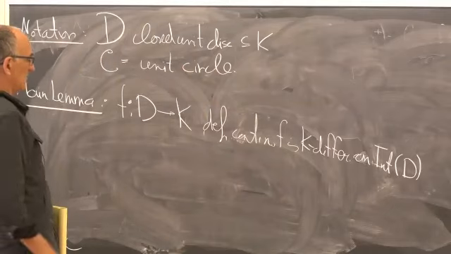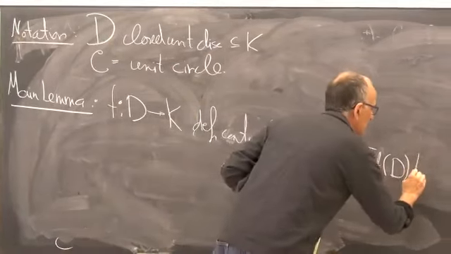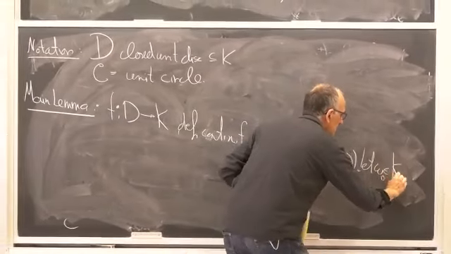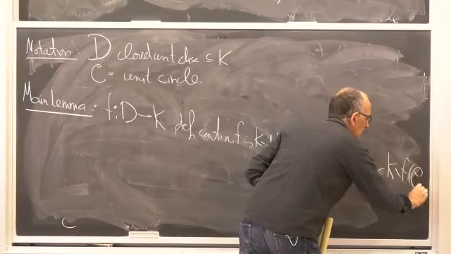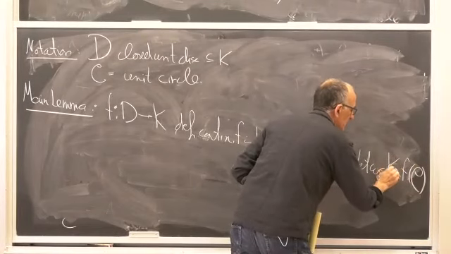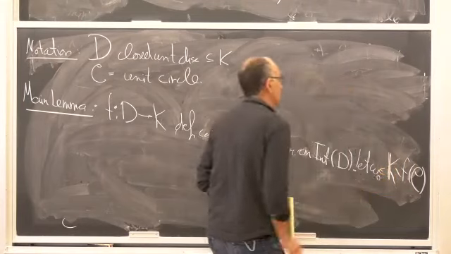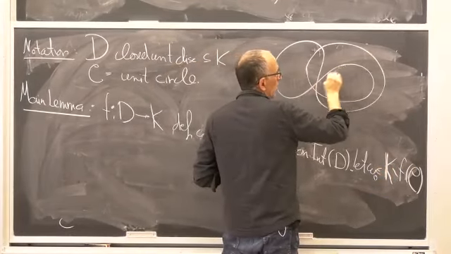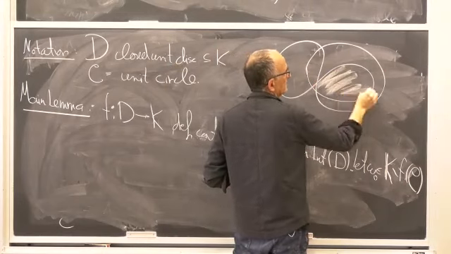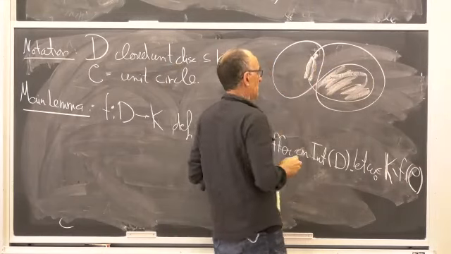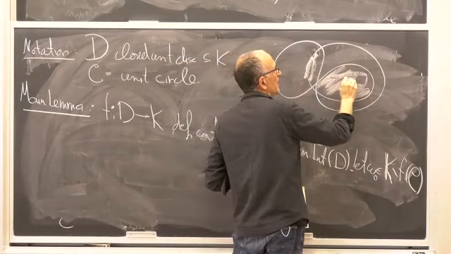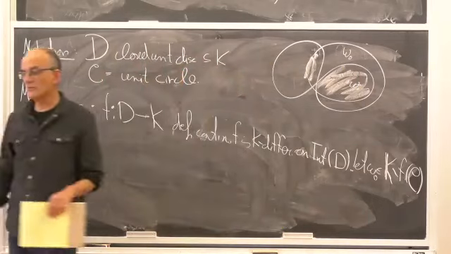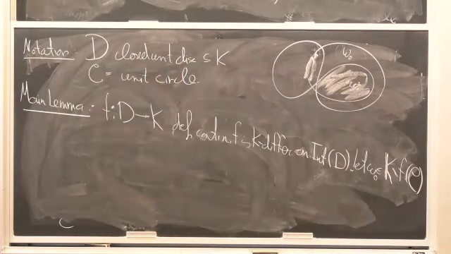And now let W0 in the range be in K, but not in the image of the unit circle. So the picture is: the image of the unit circle is here. We don't know where the unit disk is going, we'll talk about it soon. But all I need is that W0 be either here or here, outside the image of the circle.